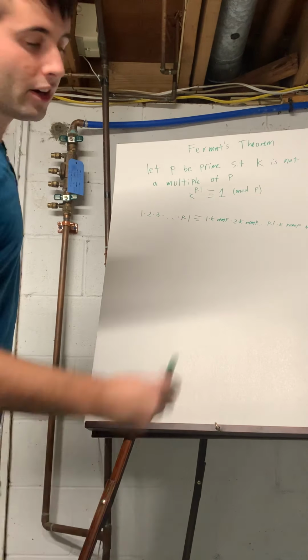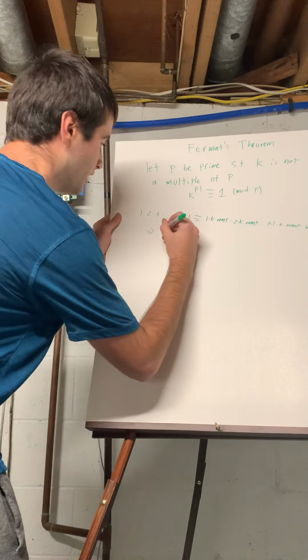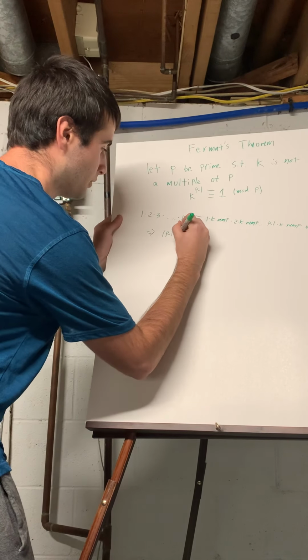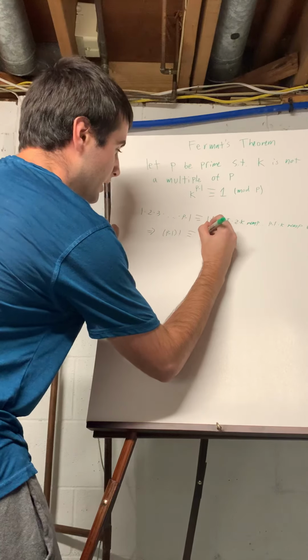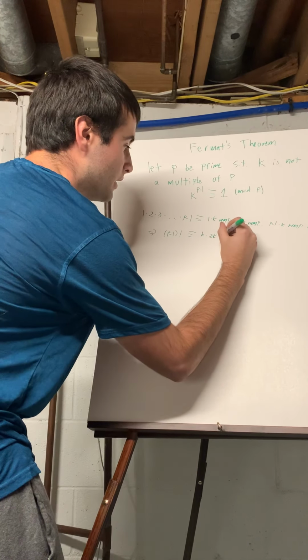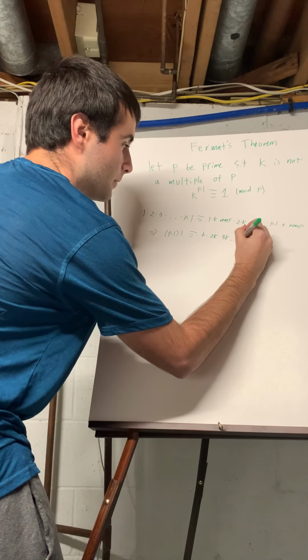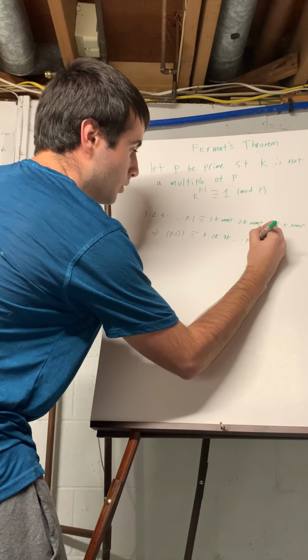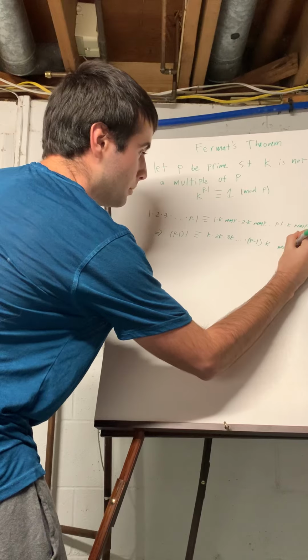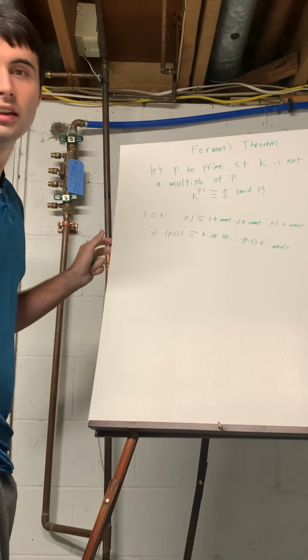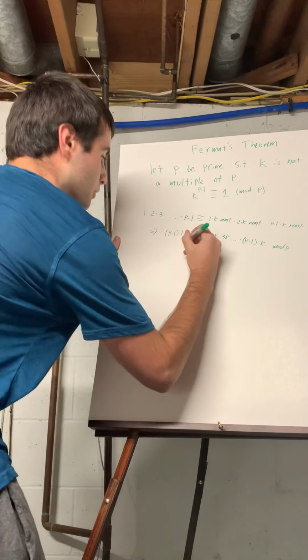So from there, we can say this implies that p minus 1 factorial is congruent to k times 2k times 3k up to p minus 1 times k mod p. And this is by the lemma 2 that we just proved.